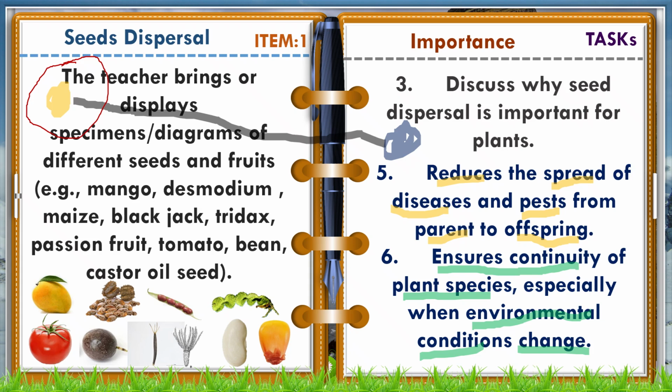But if they get an opportunity and they move from there and they are dispersed to this new area, even if this area is affected by the fire, those that are in this new area will survive. So it is dispersal which ensures continuity of the plant species, especially when the environmental conditions change.